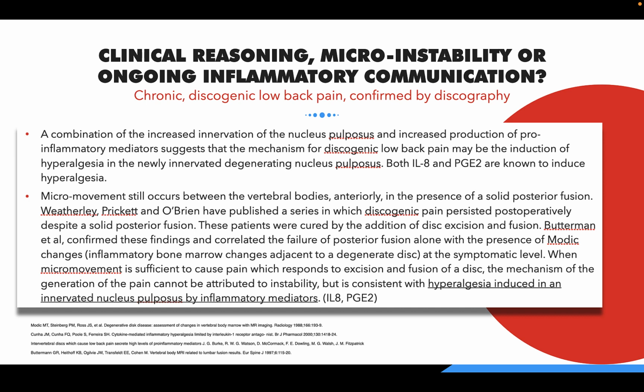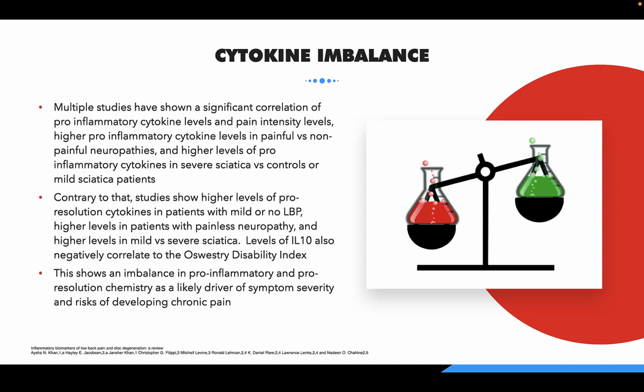It is the pro-inflammatory chemical mediators present within that disc that drive chronic back pain in these situations. So hopefully that paints a very clear picture, or at least is strongly persuasive in that ongoing neuroinflammation, neuroimmunochemistry maybe gives us a lot of answers into why patients may develop chronic low back pain.